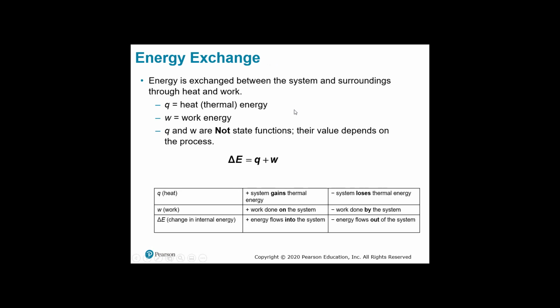Okay, so energy exchange. Energy is exchanged between the system and the surroundings through heat and work. Q is heat, that's thermal energy. Work is W. Remember pushing a box? Q and W are not state functions. That means it does matter how they get to where they're going. It's not just a path of A to B, final minus initial.